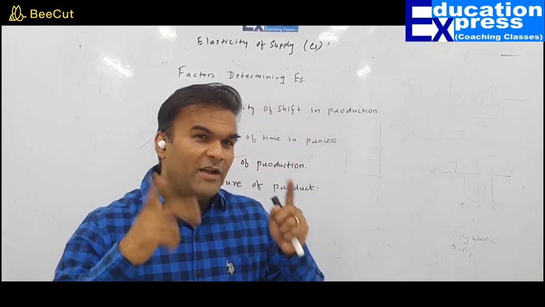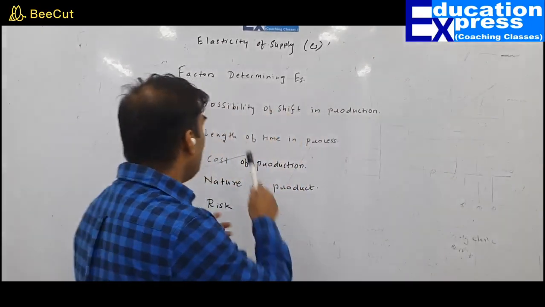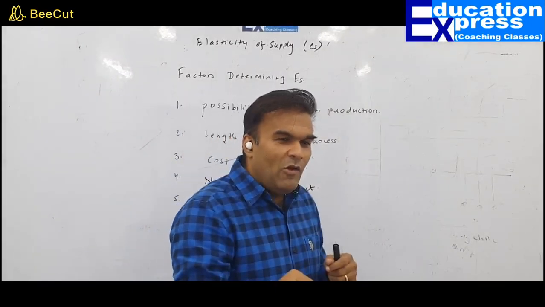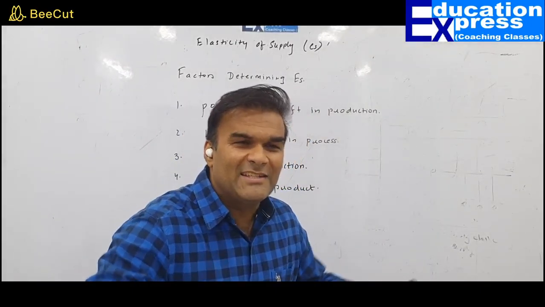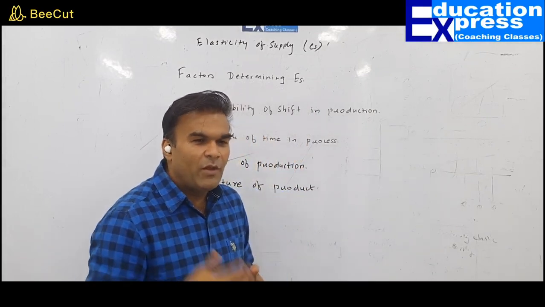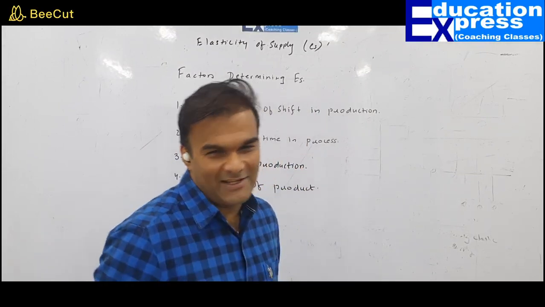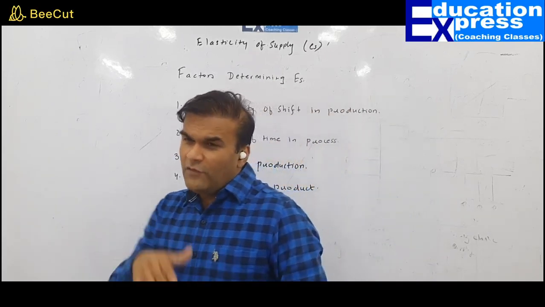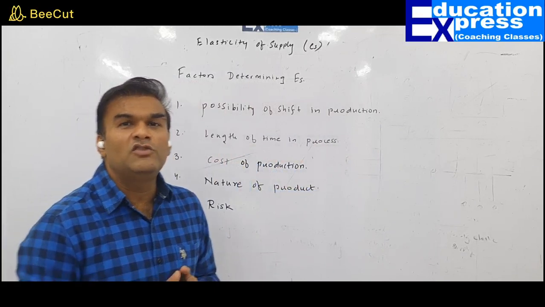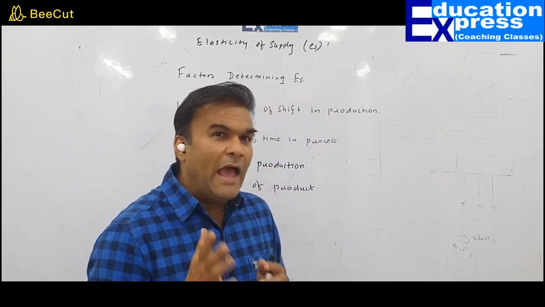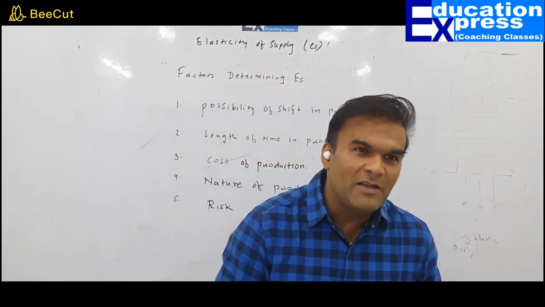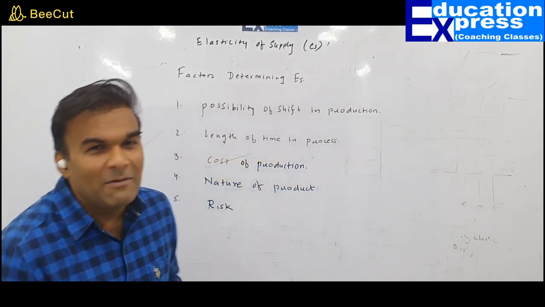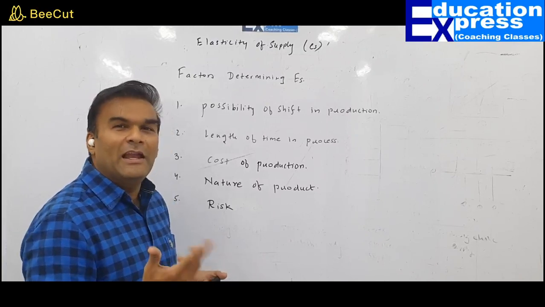So if it is possible for me to shift the production from one thing to another with much ease, then in that case supply will be relatively elastic. But if it is not possible to shift, say there is a huge demand for masks, can alcohol companies start manufacturing masks? The answer is no. So the possibility is not there. Then in that case, the supply will definitely be inelastic.